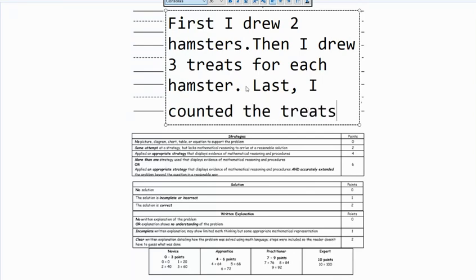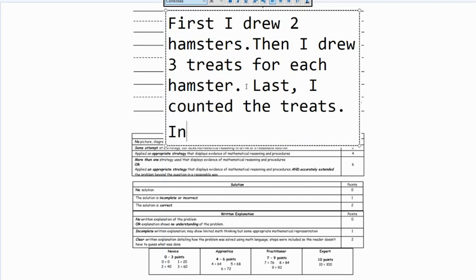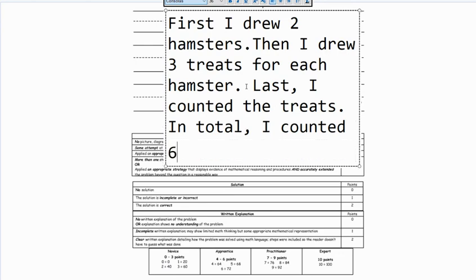The treats. Okay, in total, I counted, what was our answer? That's right, 6. In total, I counted 6 treats. Very good. Okay, so you guys can either copy what I just wrote or you can explain it using your own words. Okay? You're doing a great job.